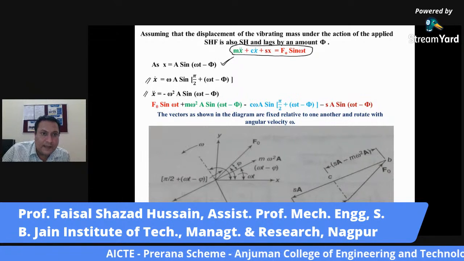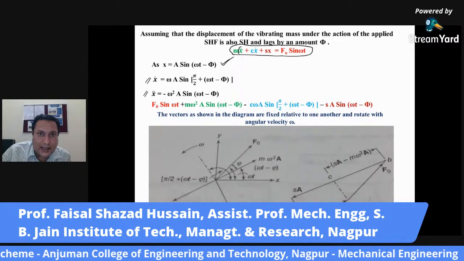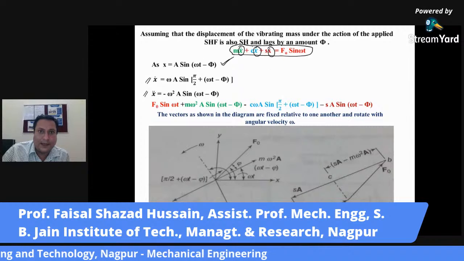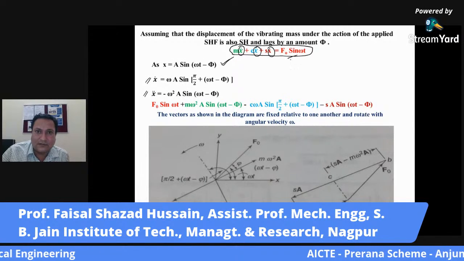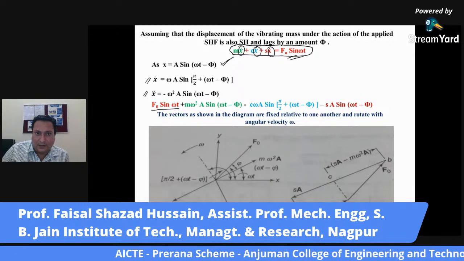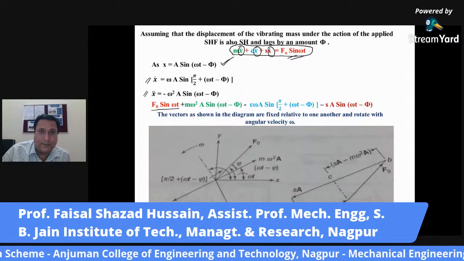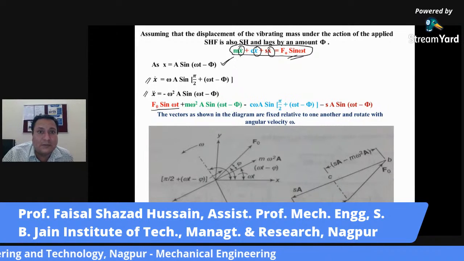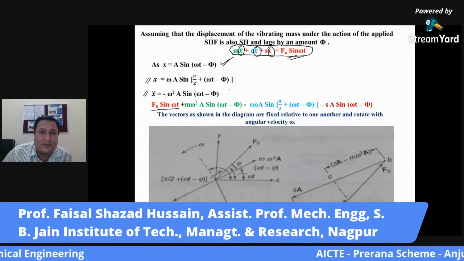Now here, if we substitute the values of x double dot, x dot and x in this equation and rearrange the terms, my first term is F0 sine omega t, my second term is m x double dot, which is the acceleration, minus omega square A sine omega t minus phi.